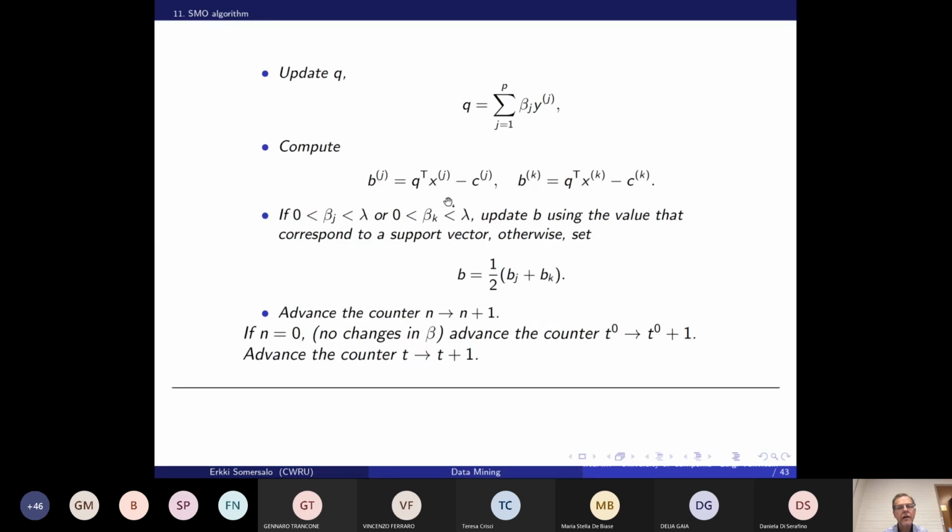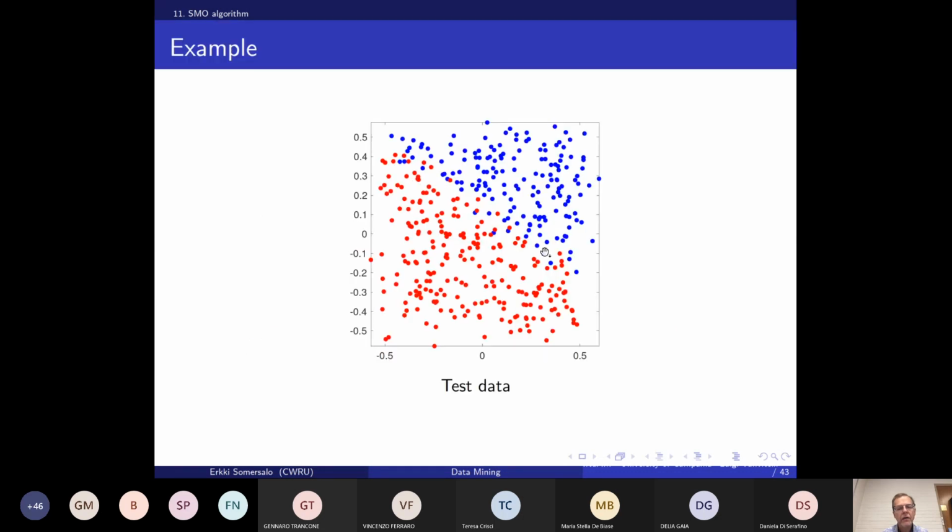There is really nothing else but inner products. Look at these BJs, for instance. The definition of BJ depends only on inner products between the support vectors and the Q that you find in terms of this beta. Okay, so that's the important message here.